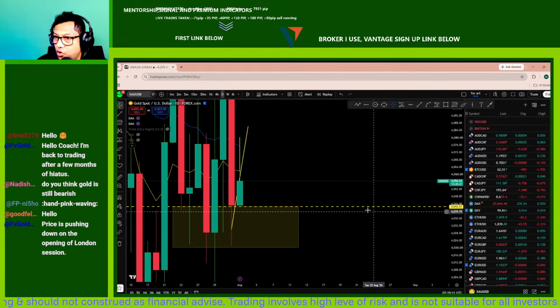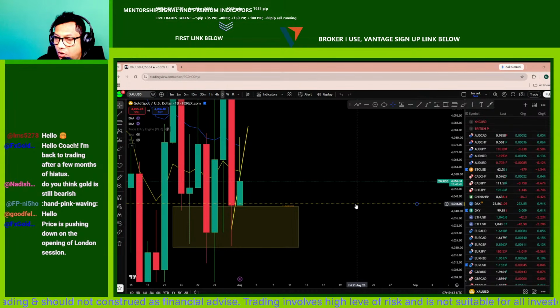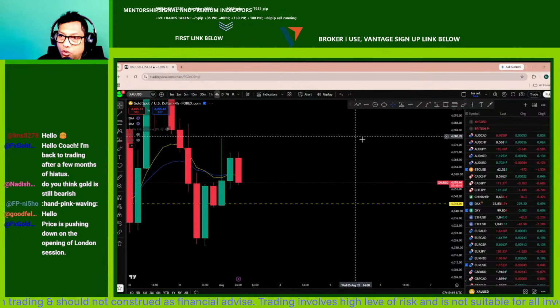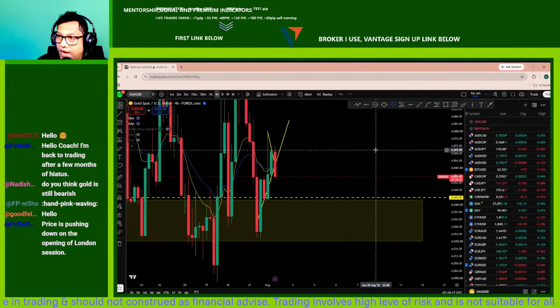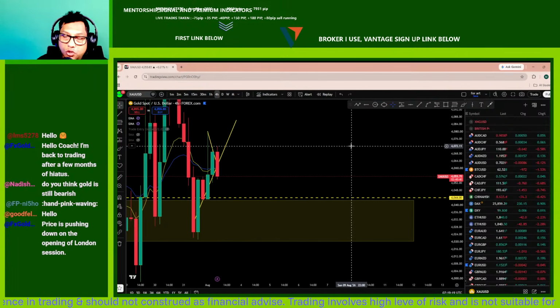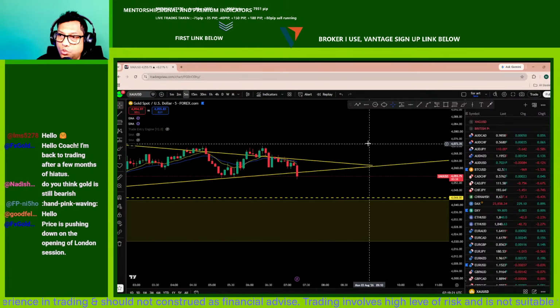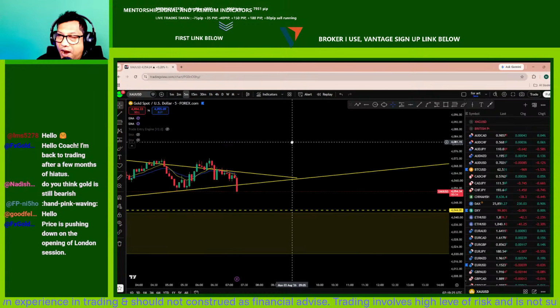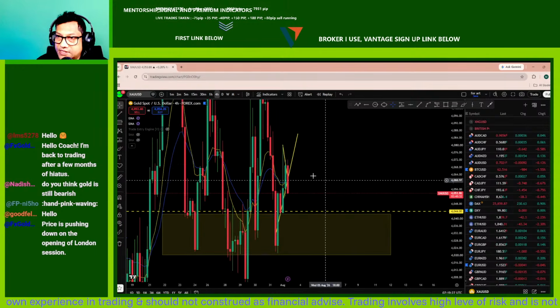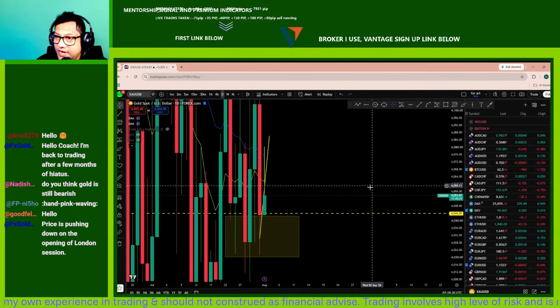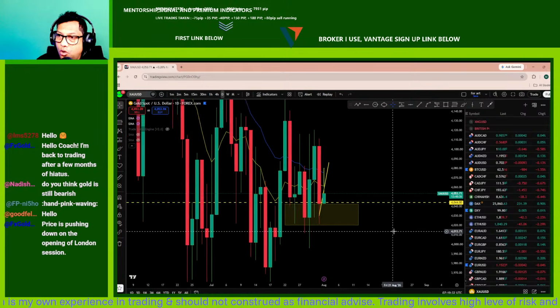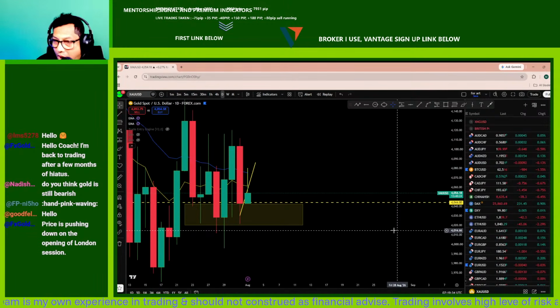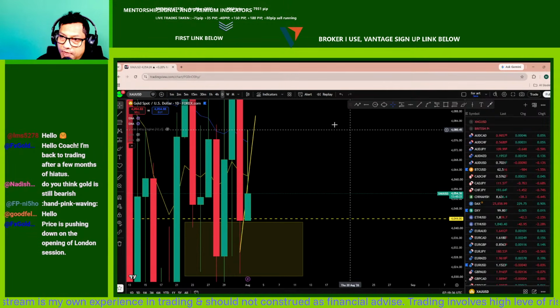So around 4042, 4044, 4042 is the level where we're looking for a possible buy entry, because this is the daily support, and off that daily support we can look for a bounce back to the upside.